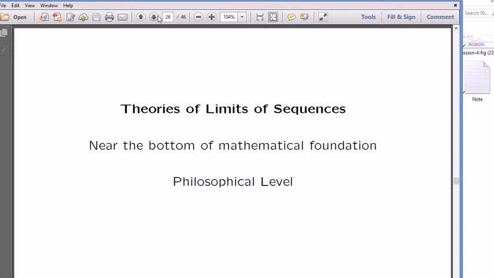So this theory really sits at the bottom of the mathematical foundation. And if you really think about the meaning of approaching and limit in a truly mathematical sense, you really hit the bottom, like peeling the layers of an onion, and you end up nowhere actually. So it really reaches a philosophical level of mathematical argument.